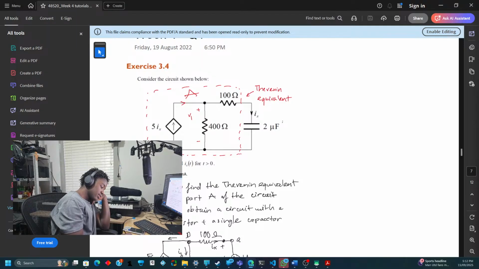So that's saying 5Ix is also equal to A over 400 plus Ix is the same thing.